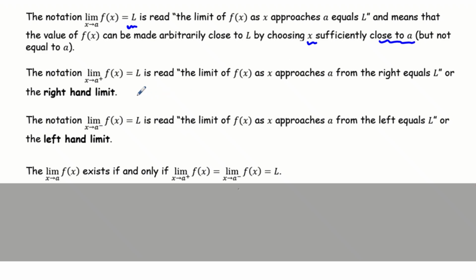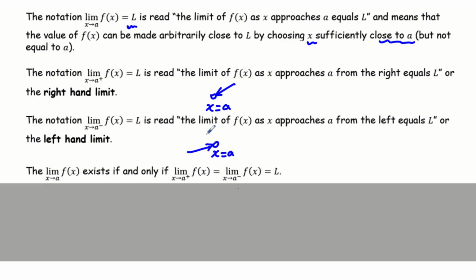And when does it exist? From the right side, x approaches a value. If that function value exists, then we say that is the right-hand limit. Or we need to check from the left side, where the x value is smaller than a, and see if the value of the function exists.